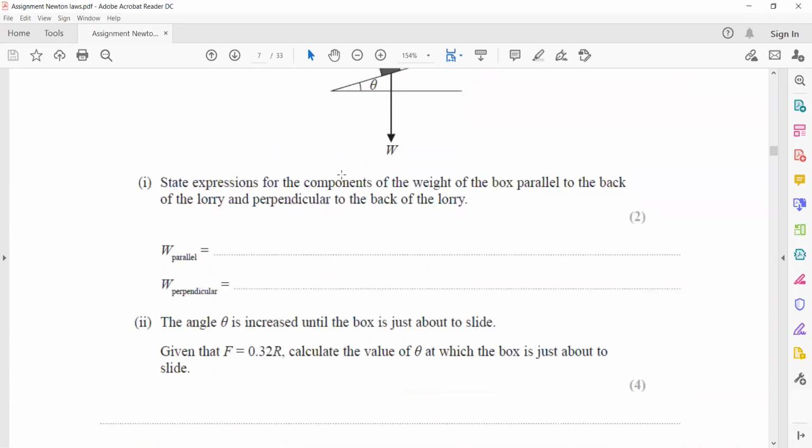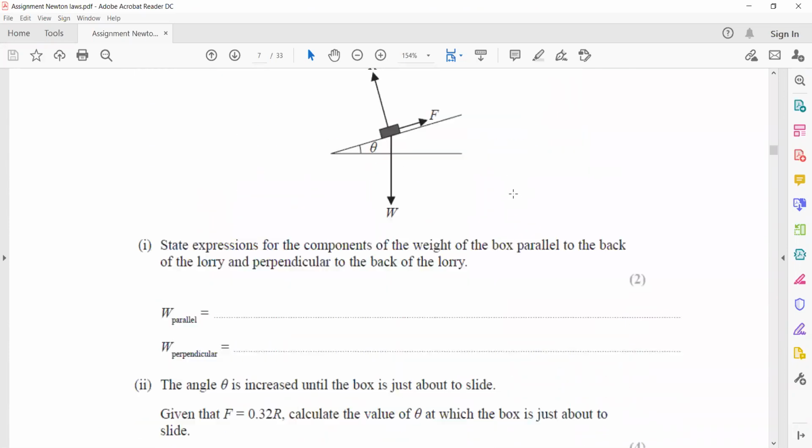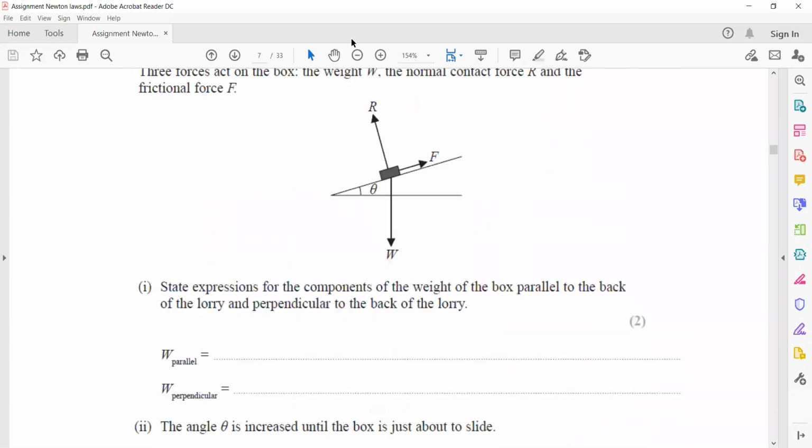And for the next part, if it is on an inclined surface, whenever an object is on an inclined surface, we divide the weight into components. So weight is acting downward.